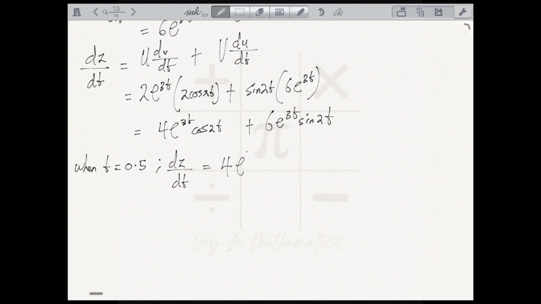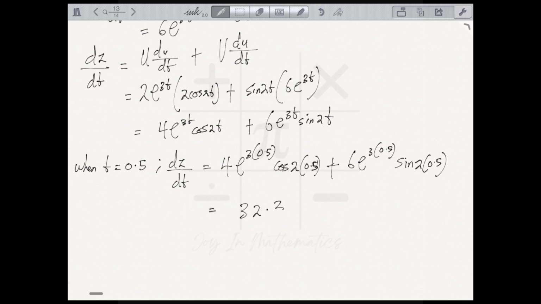That's 4 exponential 3 into 0.5 cos 2 into 0.5 plus 6 exponential 3 into 0.5 multiplied by sine 2 into 0.5. Remember that the 0.5 in the trigonometric functions are in radians. So we solve this with our calculator. We have 32.31.